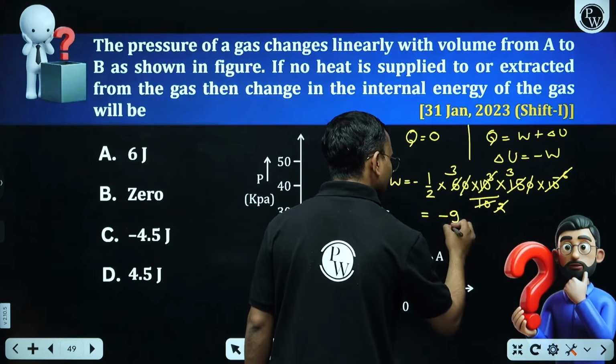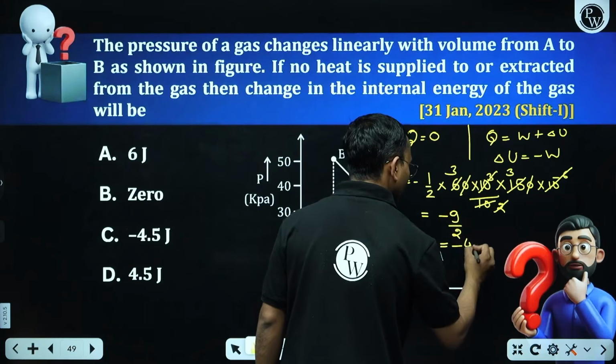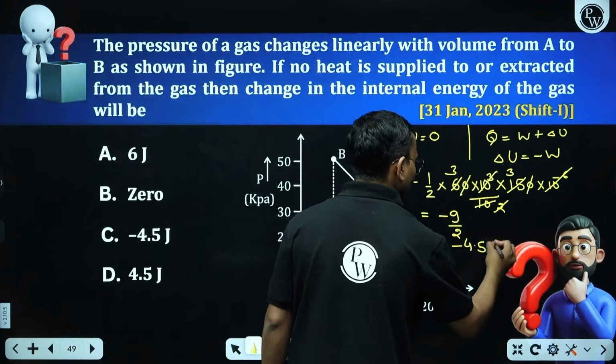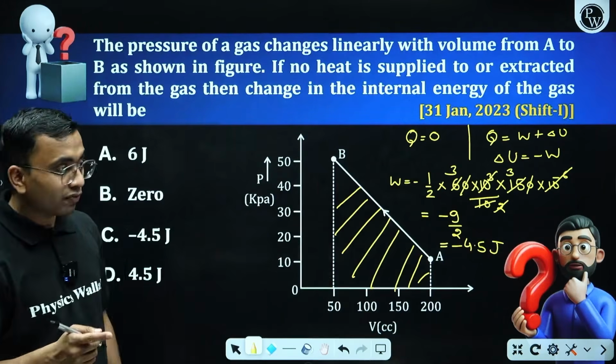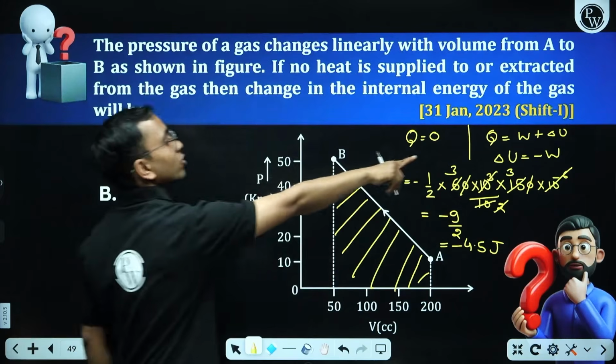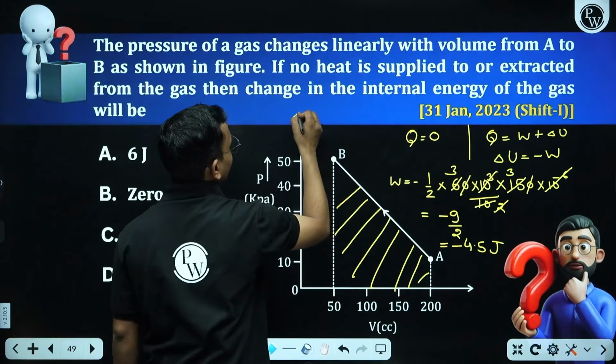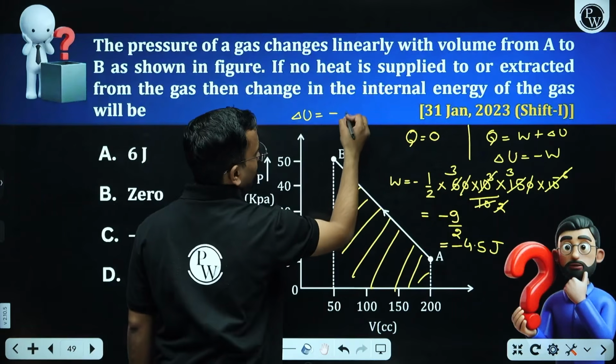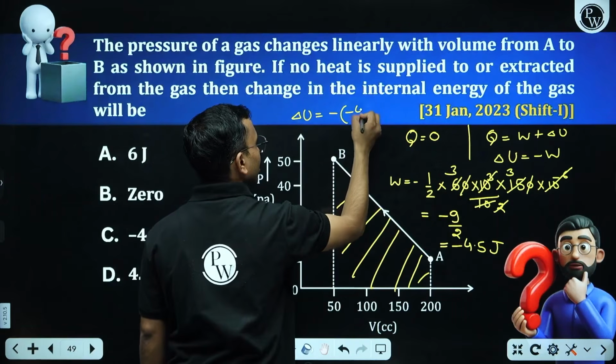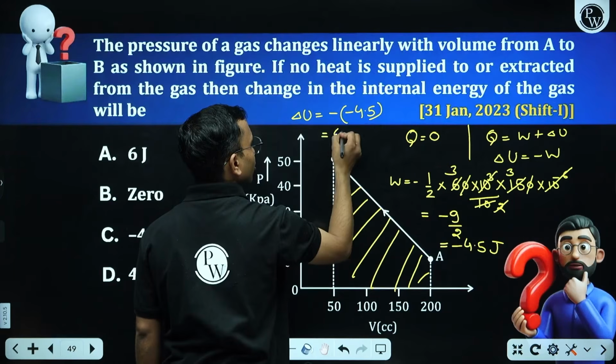Minus 9 by 2, minus 4.5 joules. So minus 4.5 joules is the work done. ΔU is minus of the work done, so my ΔU comes out to be minus of minus 4.5. How much is this? 4.5 joules.